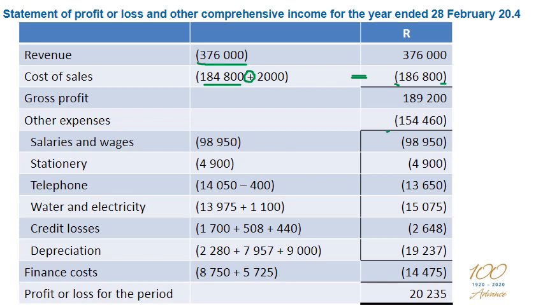All of these expenses are put in brackets because you can't have a list of positives ending up with a big negative at the top that you deduct. So please remember to put each and every expense item in a bracket. I also have my finance costs separated from my other expenses, and that one is also in a bracket because of an expense being deducted. And then I have my profit for the period of 2035.